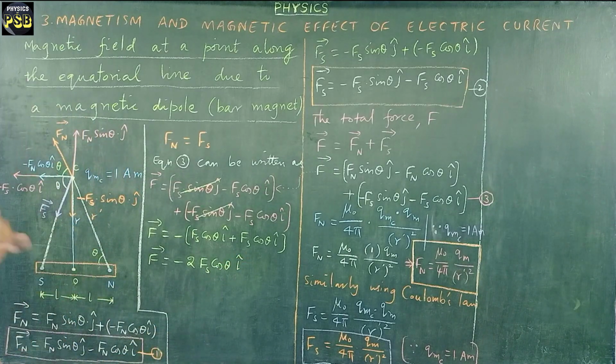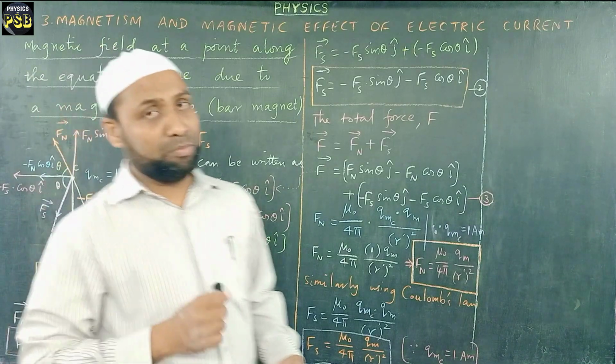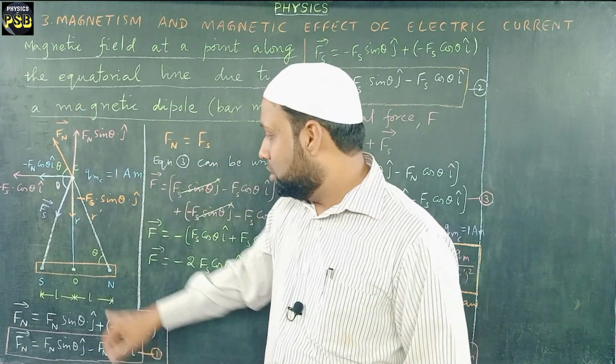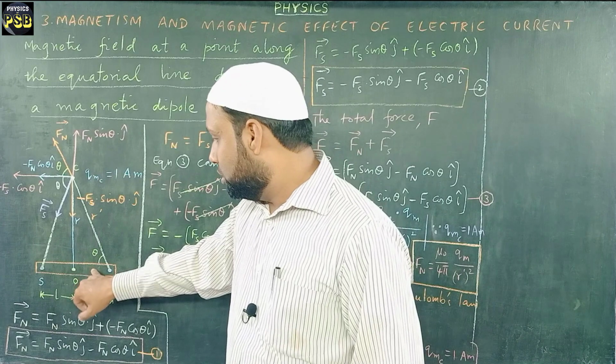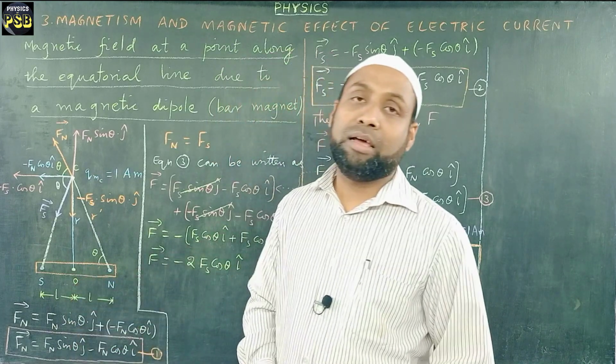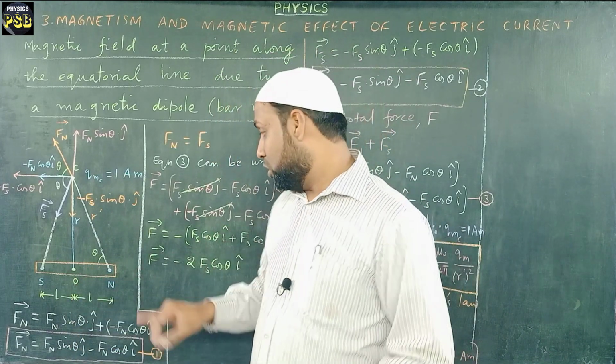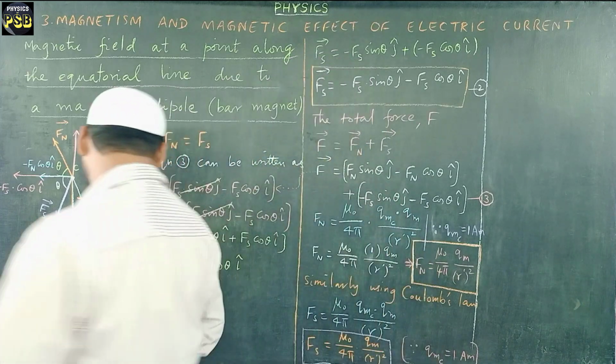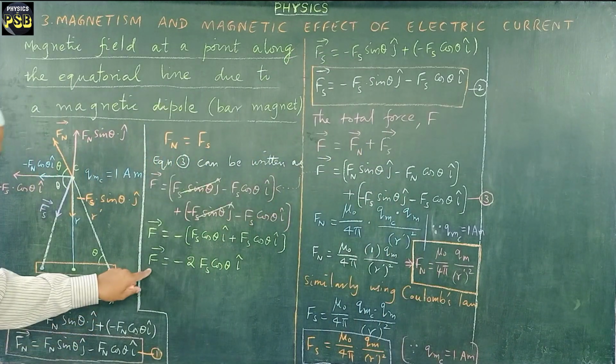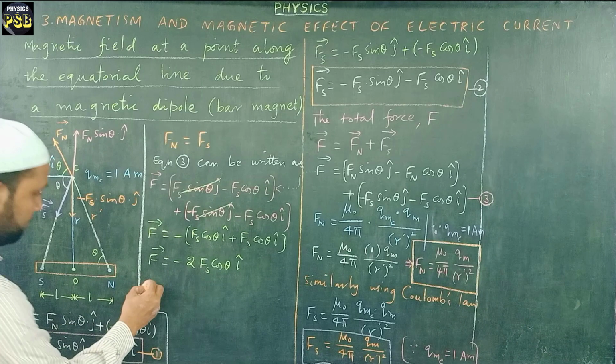Here, the force acting at point C, the force experienced by a unit north pole due to the magnet, is nothing but the magnetic field. We call this force the magnetic field. So I am going to replace F with a B vector.